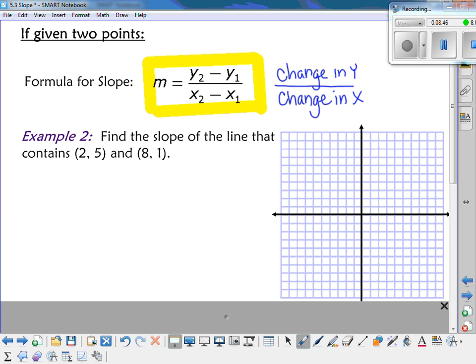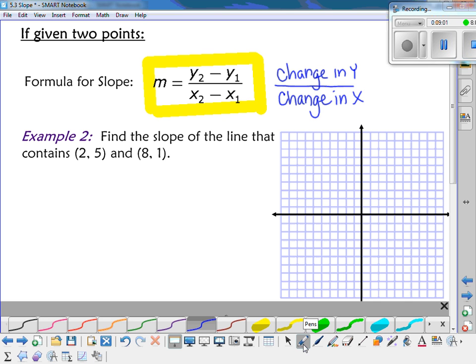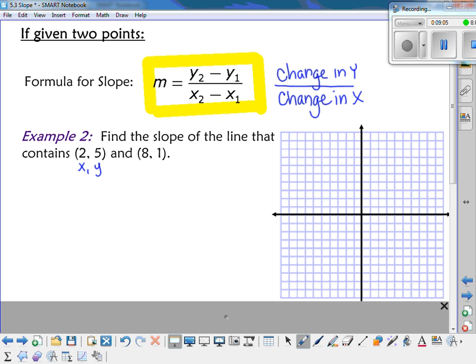So for my first one, I'll do it mathematically and then I'll show you that it comes out the same on the graph. I want to find the slope of the line that contains the points 2, 5, and 8, 1. And I'm going to let this be my x sub 1, y sub 1, and this one will be my x sub 2, y sub 2.